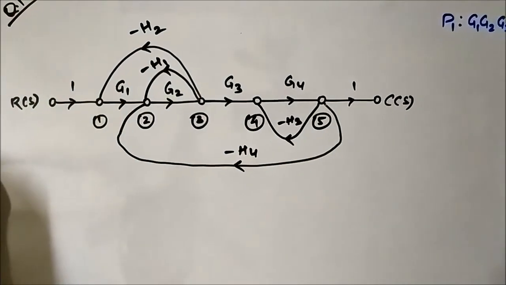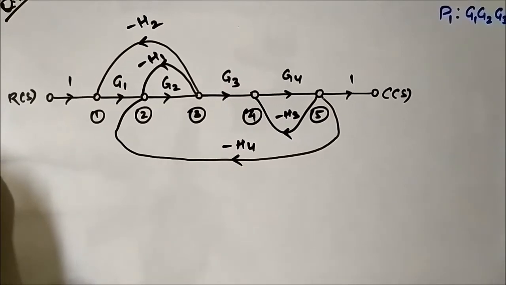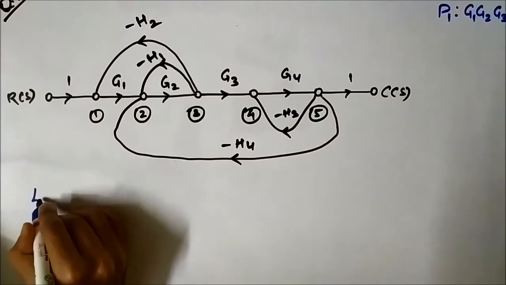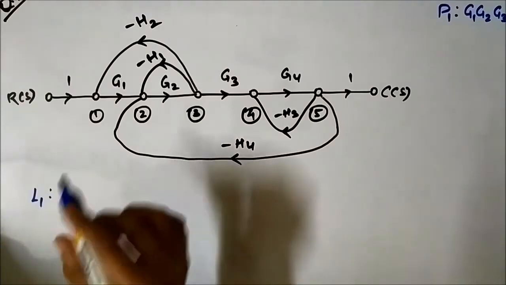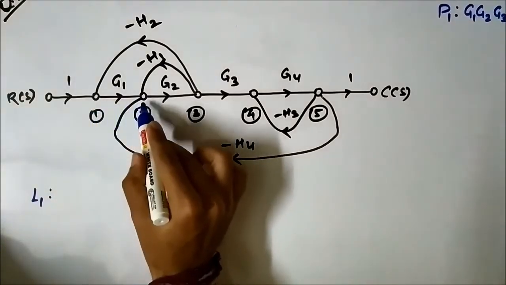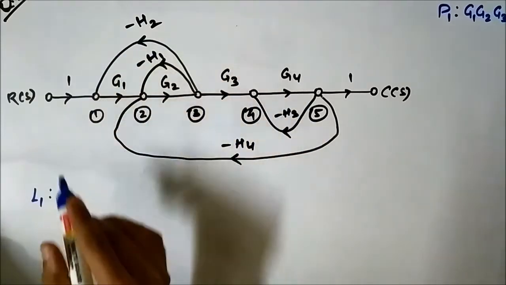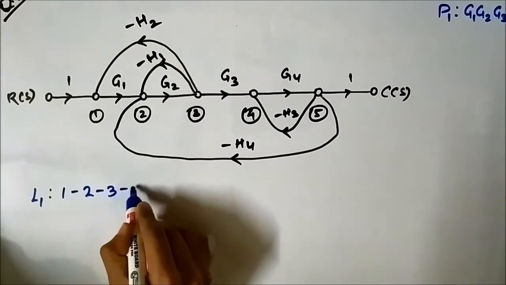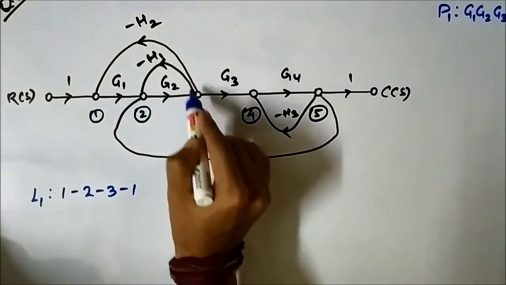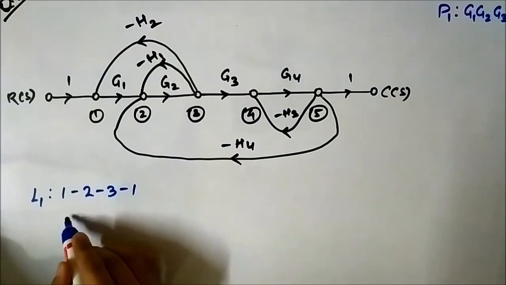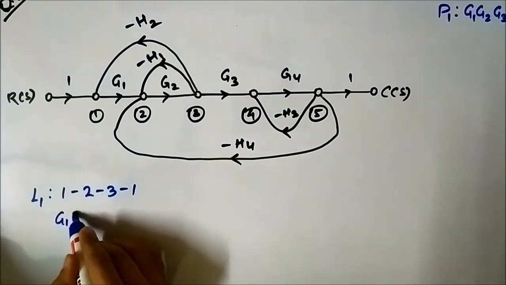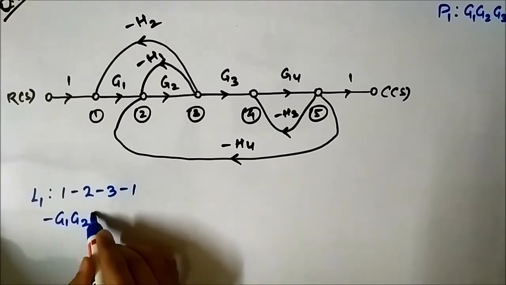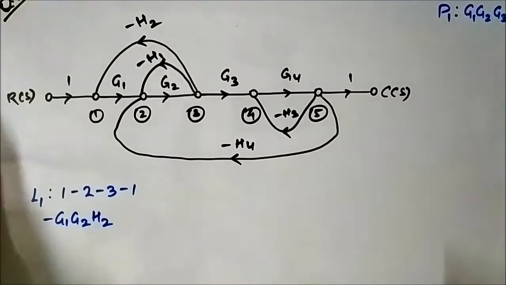So let us write the nodal representation of the loops and their gains. Loop number 1: 1, 2, 3 and again 1. So 1 to 2 to 3 to 1. The gain is G1 G2 into minus H2, so it becomes minus G1 G2 H2.